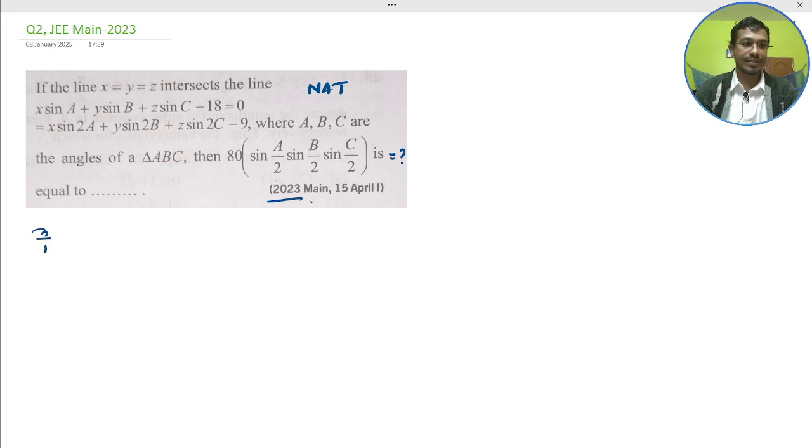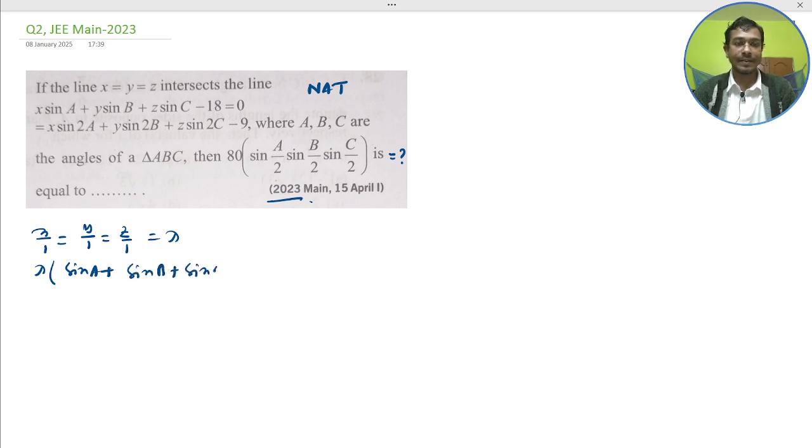I just write x by 1 equal to y by 1 equal to z by 1, that is equal to lambda constant. So next, if it intersects the given line, lambda constant into this line, that sin A plus sin B plus sin C is equal to 18.